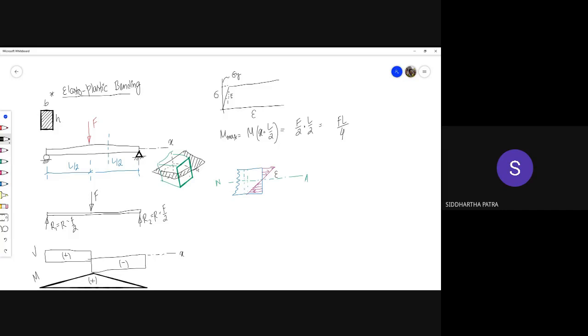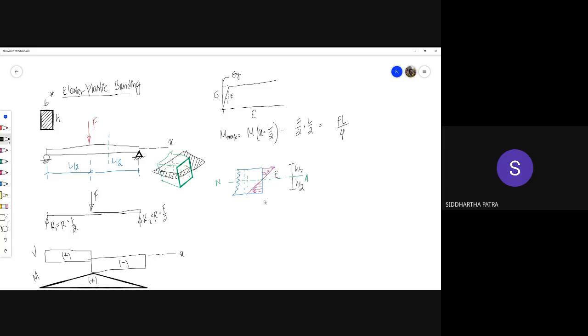Now, when it comes to rectangular geometry, that region should be the center. This portion is h by 2 and this portion is h by 2.